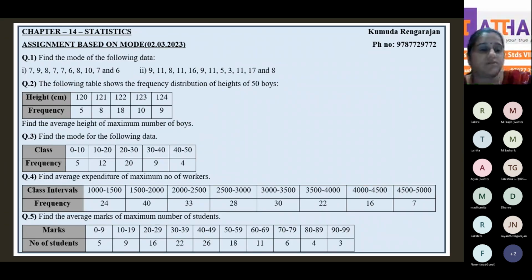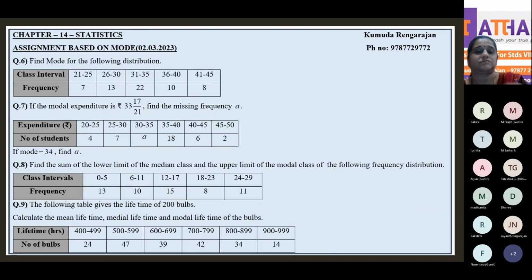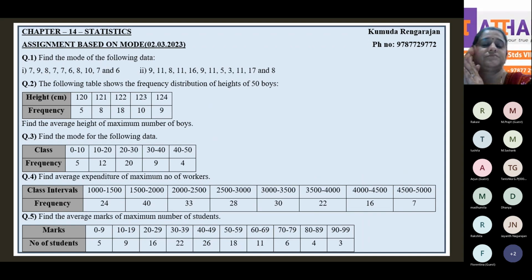These are the questions. I'm going to show the previous slide.